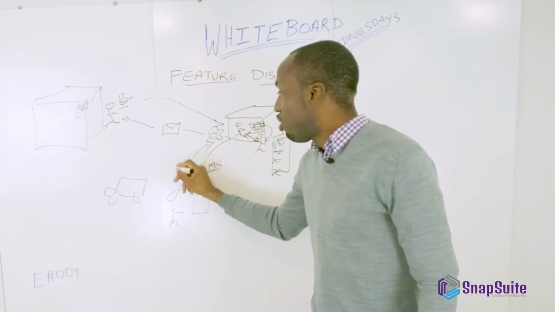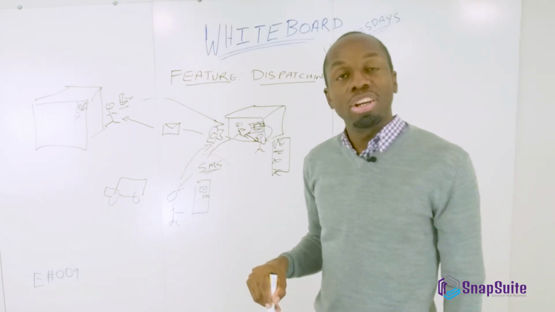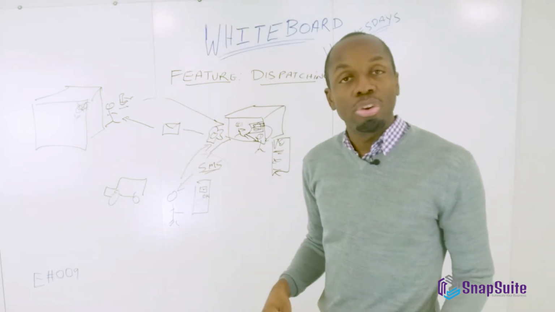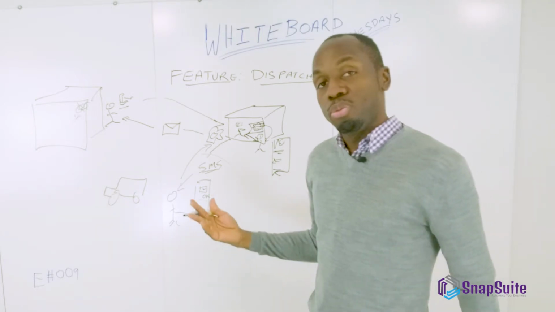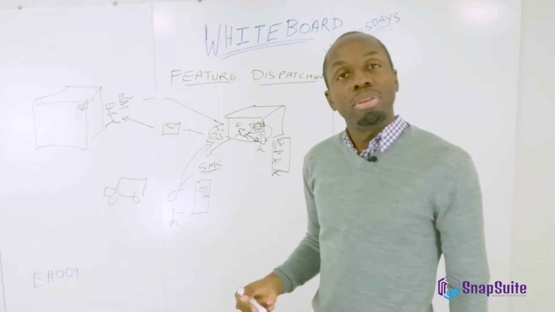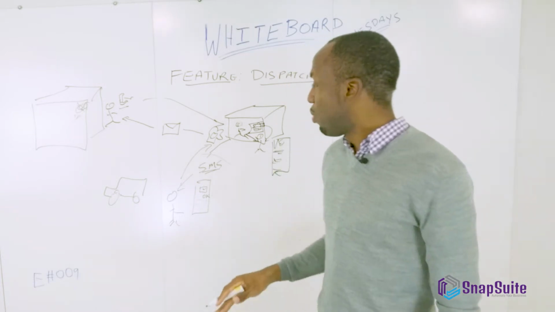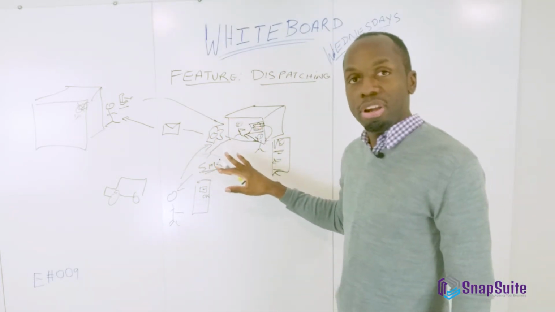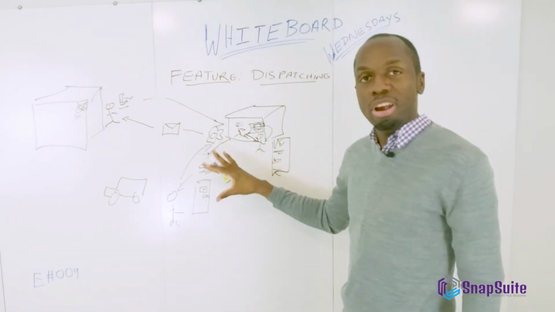We could even say John is on his way and John will be there within the next 2 to 4 hours or 4 to 6 hours window to fix your problem. Stay tuned, right? So that's sort of the scenario and how I want to describe the text message service.